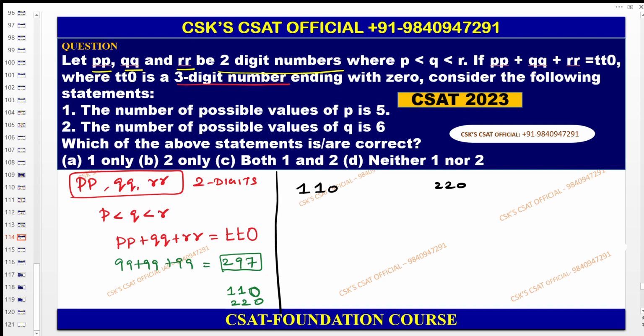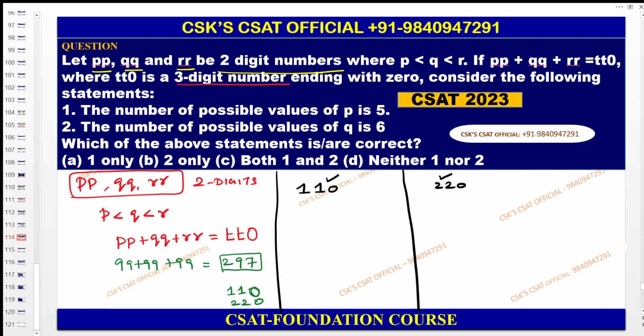So next thing here is you can check with the P plus Q plus R. Those values also you need to check here, right? Or else even with this itself you can go, 110 and 220. This is more than sufficient.